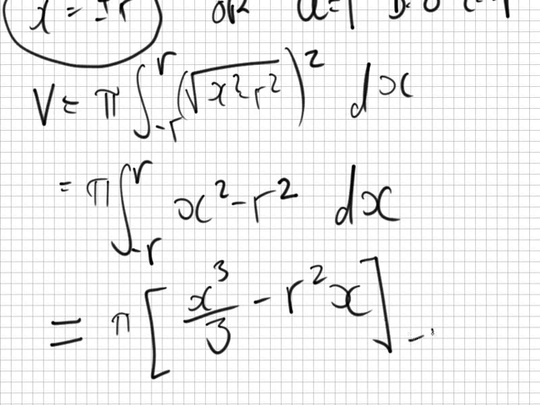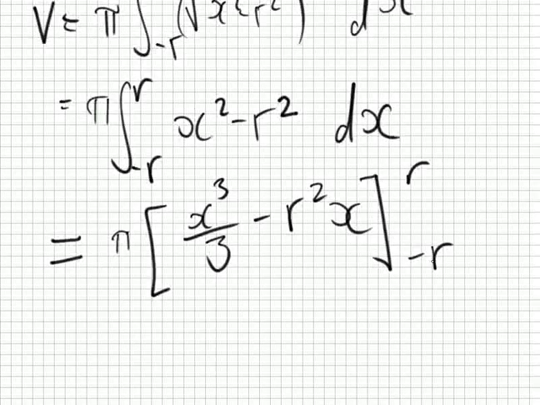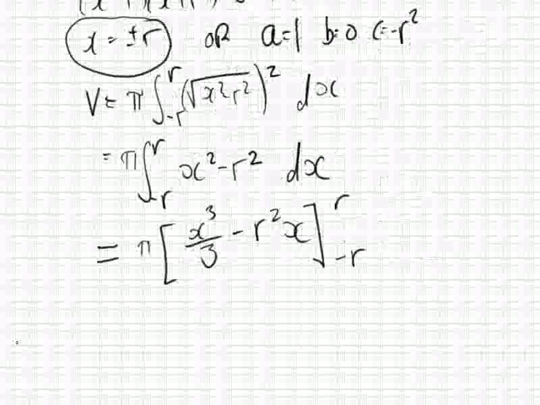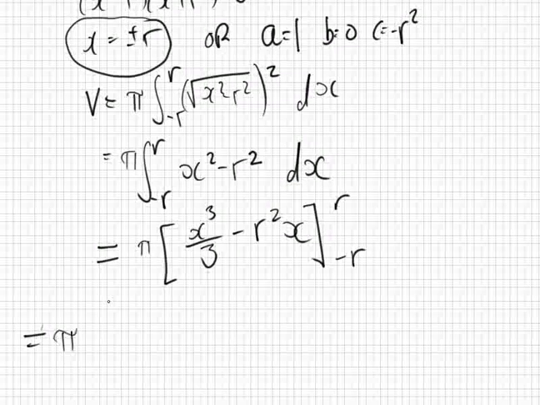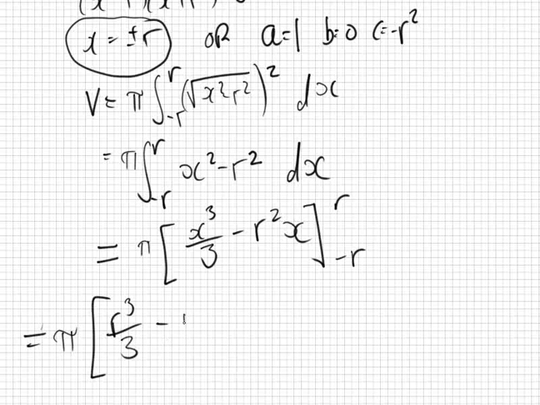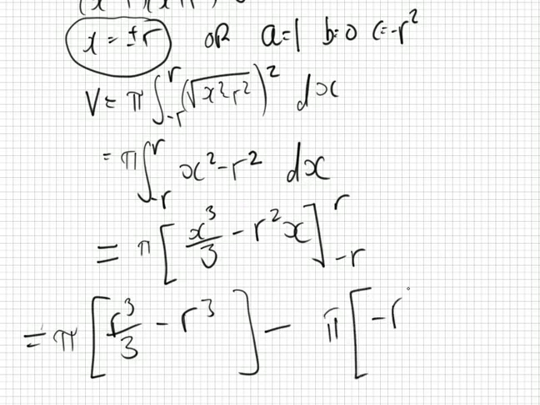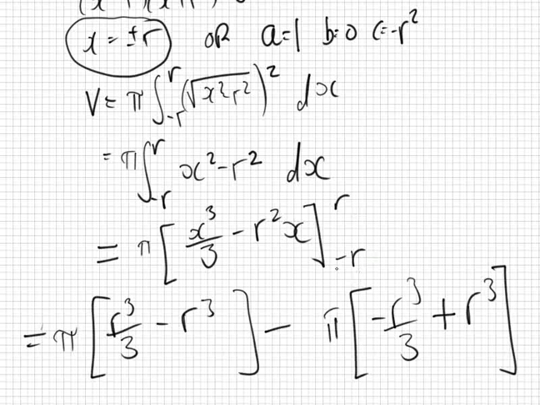I put in the 2 numbers, minus r and r. So that equals pi, r cubed over 3 minus r cubed, when you put the r in. And then I put the minus r in: minus r cubed over 3 plus r cubed. I'm just subbing these 2 in.